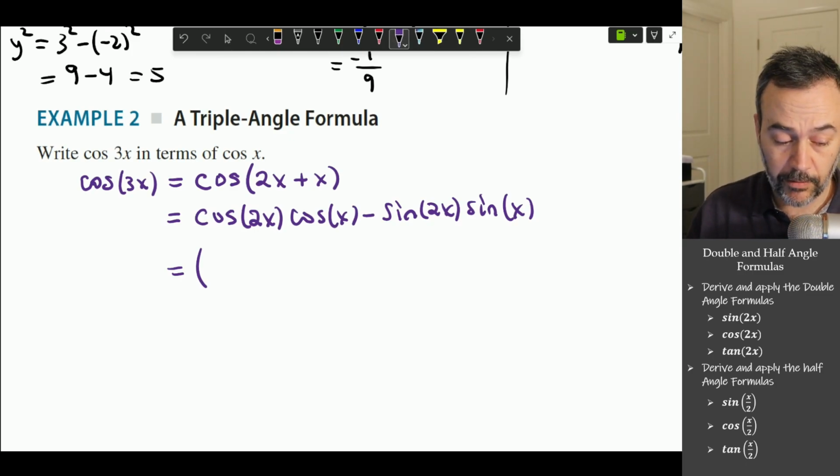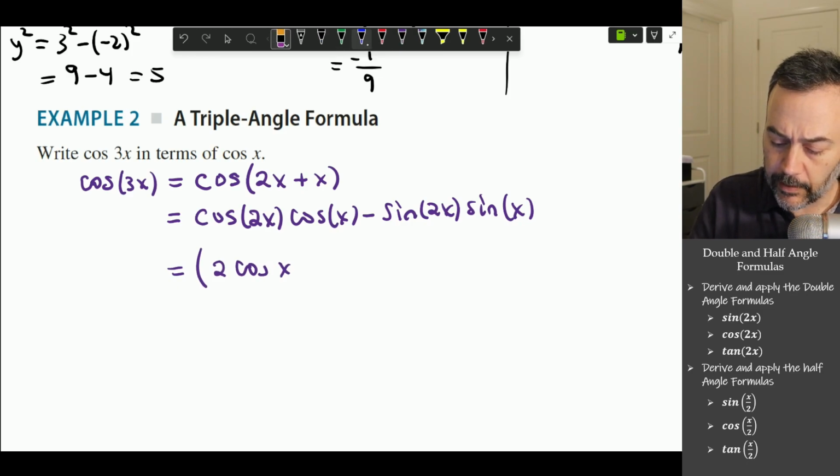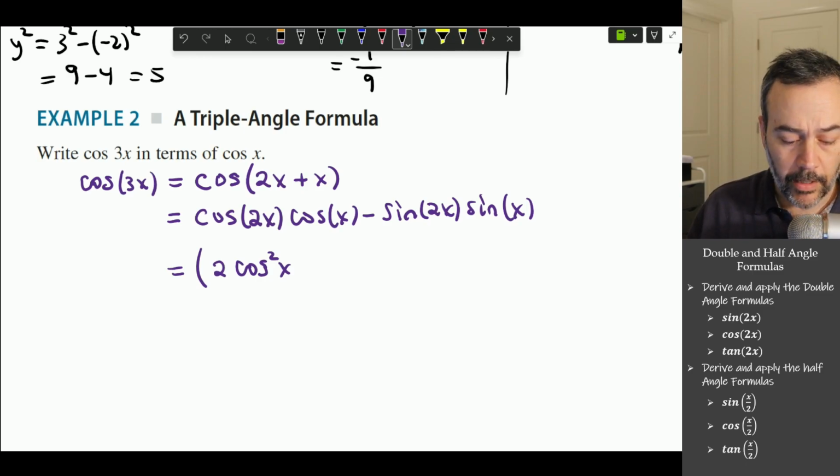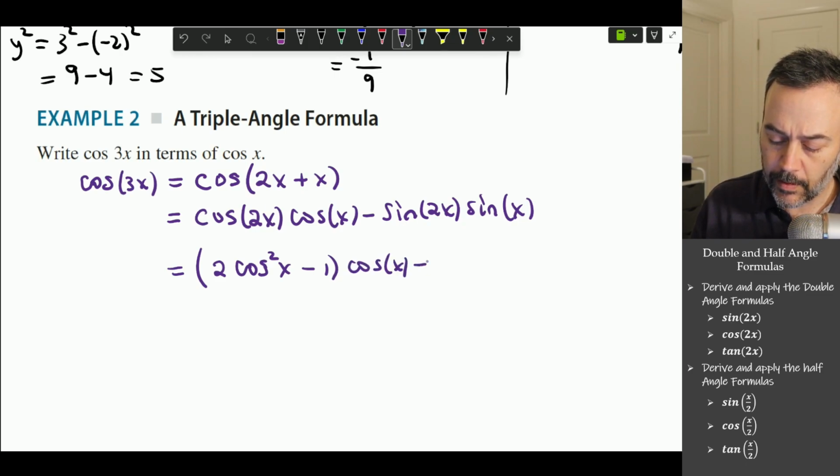So cosine 2x is 2 cosine squared x minus 1. So that's the identity for cosine 2x. And I'm just going to leave this cosine. Minus, now sine 2x, that would be 2 sine x cos x times another sine x.